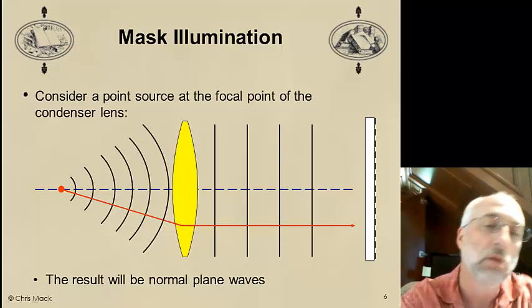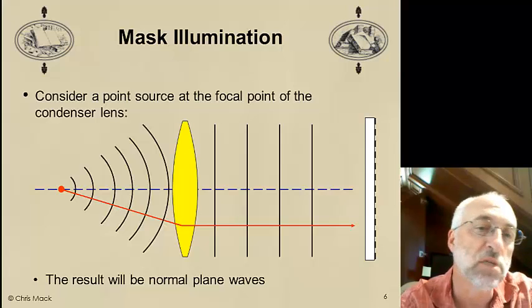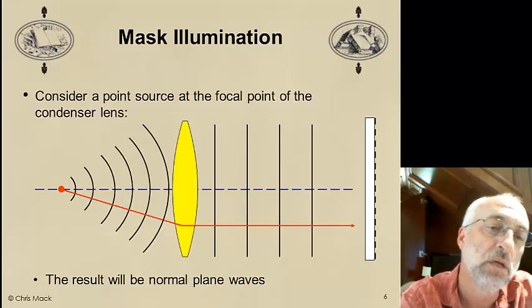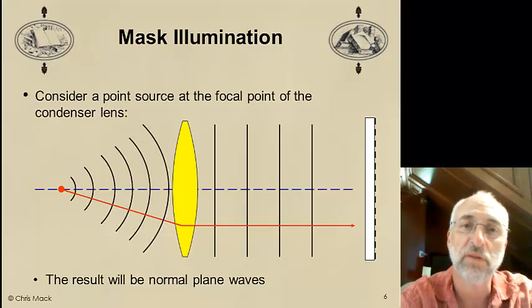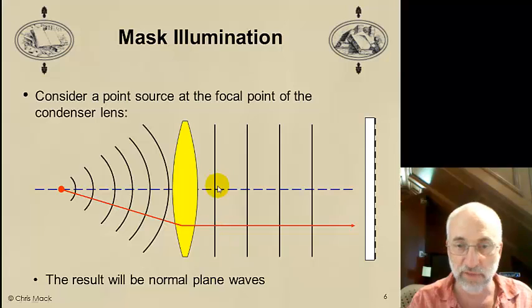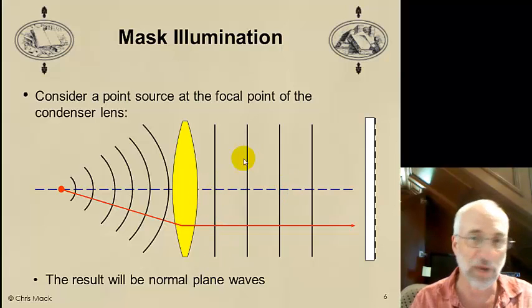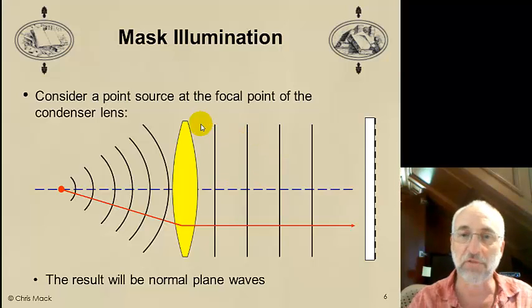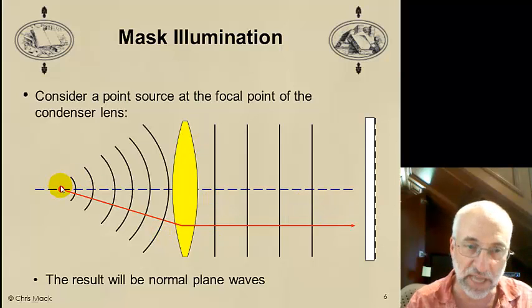Now, if you haven't studied optics or know much about lenses, you may not realize this, but a point source generating spherical waves, when placed at the focal point of the lens, will produce plane waves coming out the other side of that lens. That's just the way it works. You think of it in reverse. If all the light were parallel and coming in to the lens in this direction, it would all focus down to the focal point.